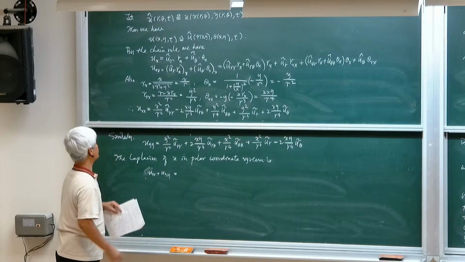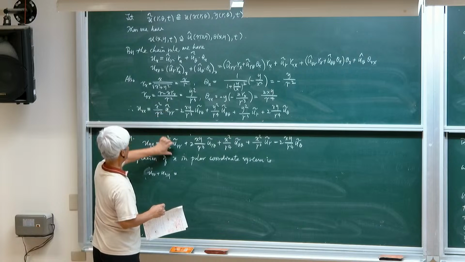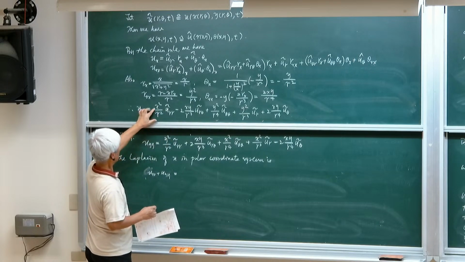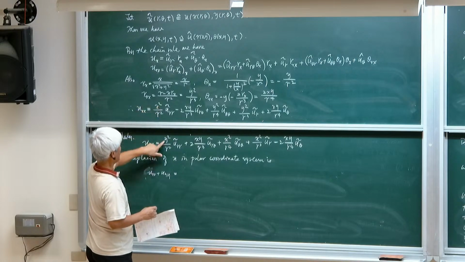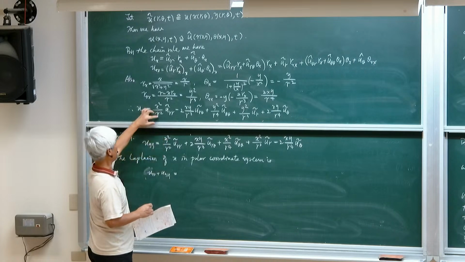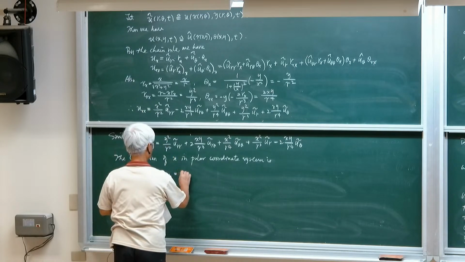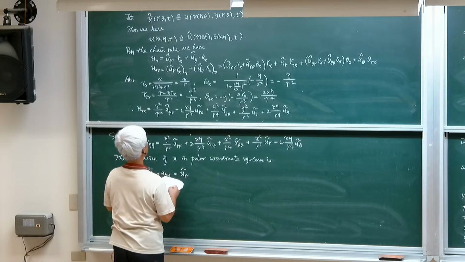Okay. You add them together. So when you add them together, you see that x squared plus y squared is equal to r squared. Divided by r squared, this is 1. So you have u rr.